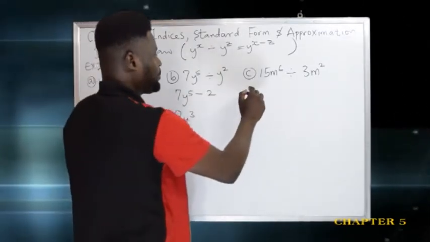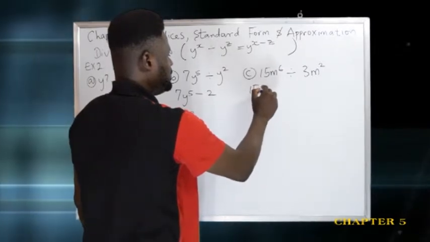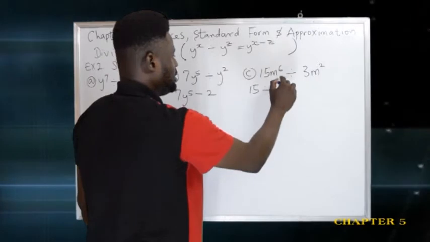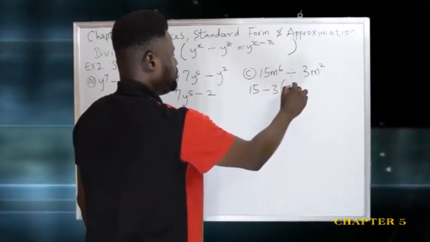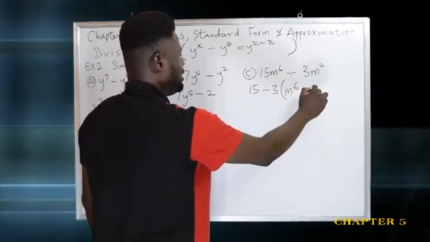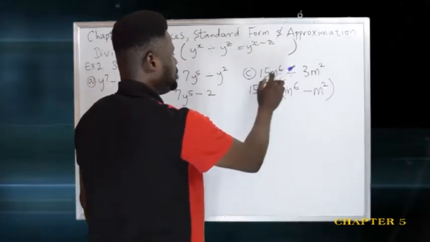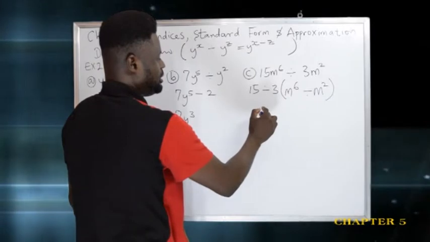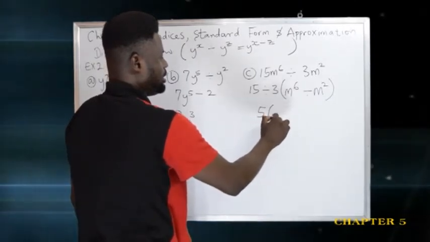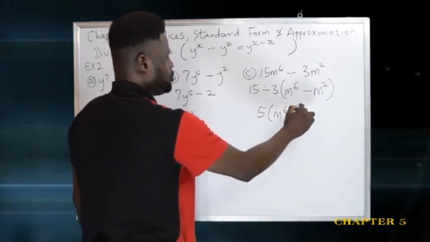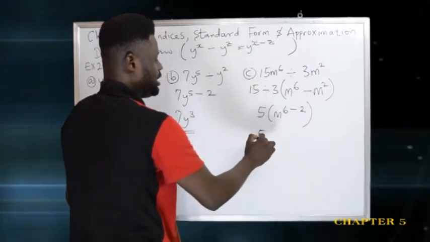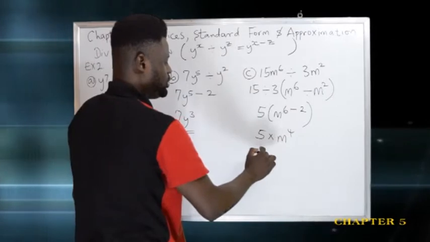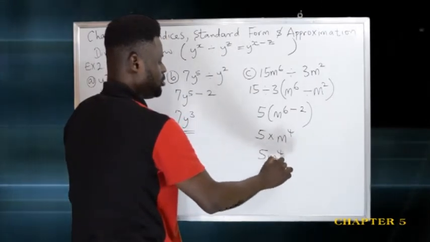Then here, that's 15 divided by 3, then bracket m raised to the power 6 divided by m raised to the power 2. Divide the numbers first of all, then the letters. 15 divided by 3 is 5, bracket m raised to the power 6 minus 2, which is 5 times m raised to the power 4, which is 5m raised to the power 4.